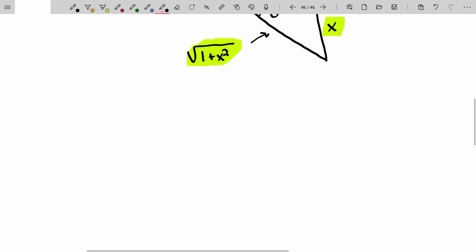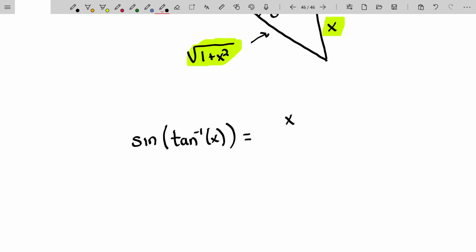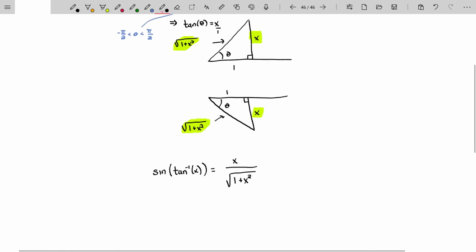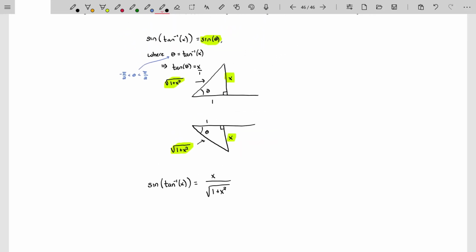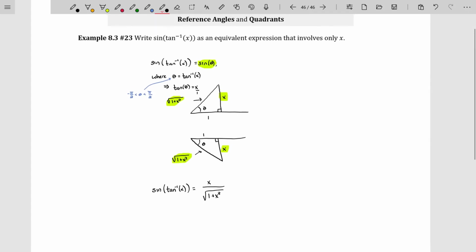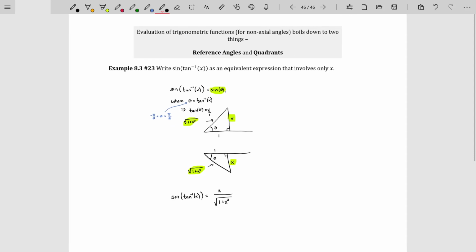And so we can rewrite it as just x over the square root of 1 plus x squared. If it's a well-formed problem, you should always be able to rewrite that trig function as a single statement like that. All right, this is the end of this video.